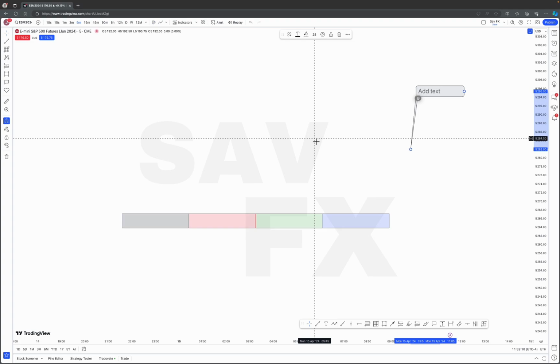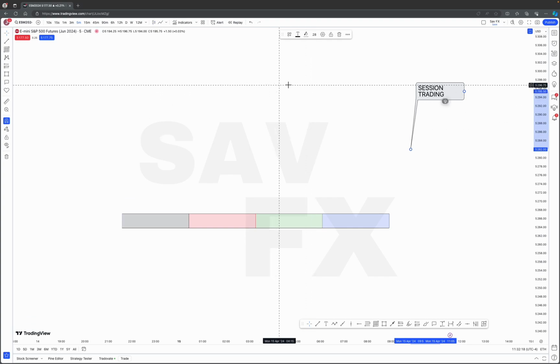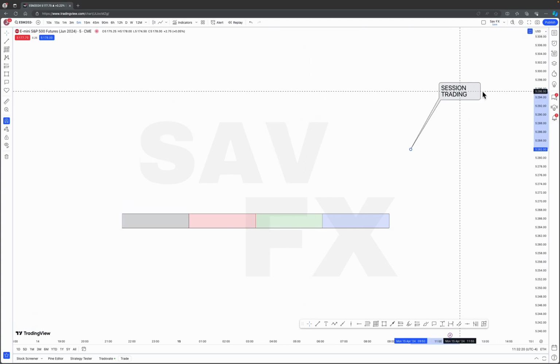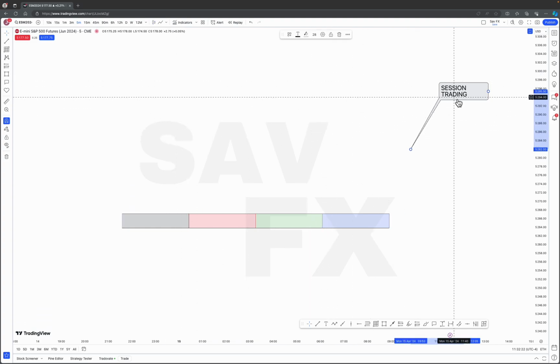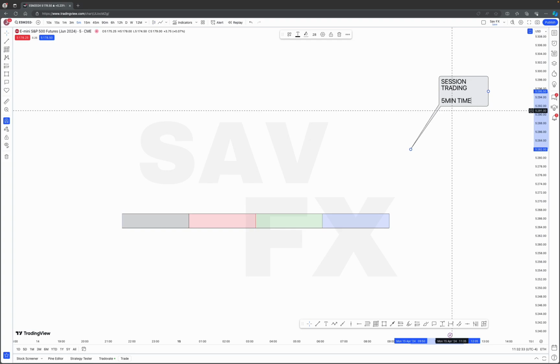Let's say you're trading the 15-minute time frame, or you do session trading, and you want to know which specific cycles you want to focus on. Your most ideal entries will always have to be on the 5-minute time frame. This is your first key point.